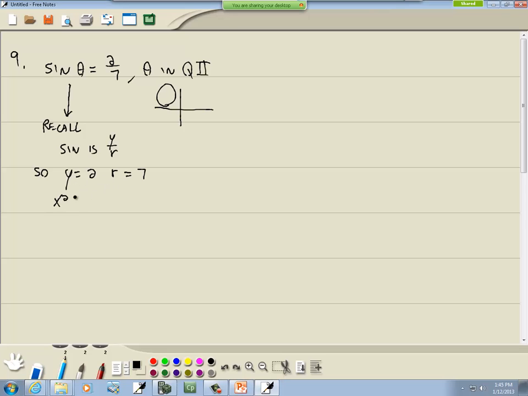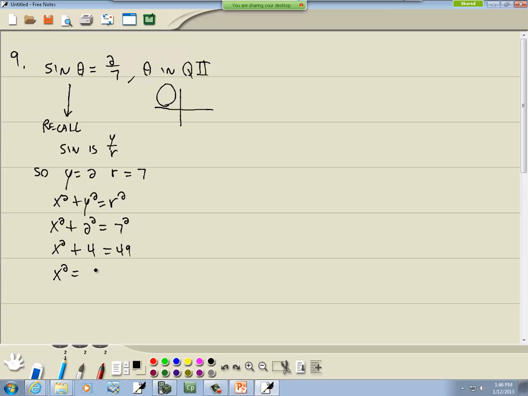So we got x squared plus y squared is equal to r squared. That's one of our formulas. So let's plug in what we know. We said y was 2, so we got x squared plus 2 squared equals, and r is 7, so we got 7 squared.